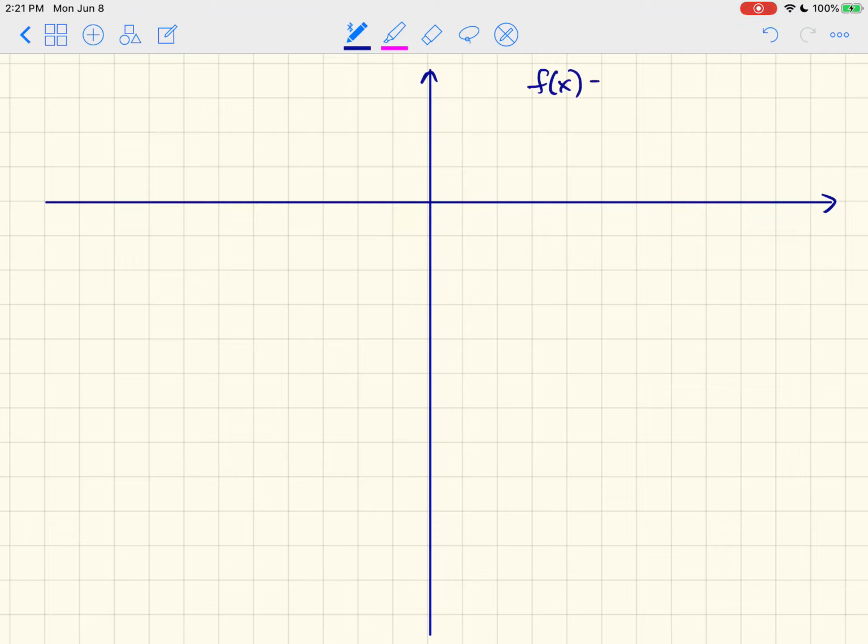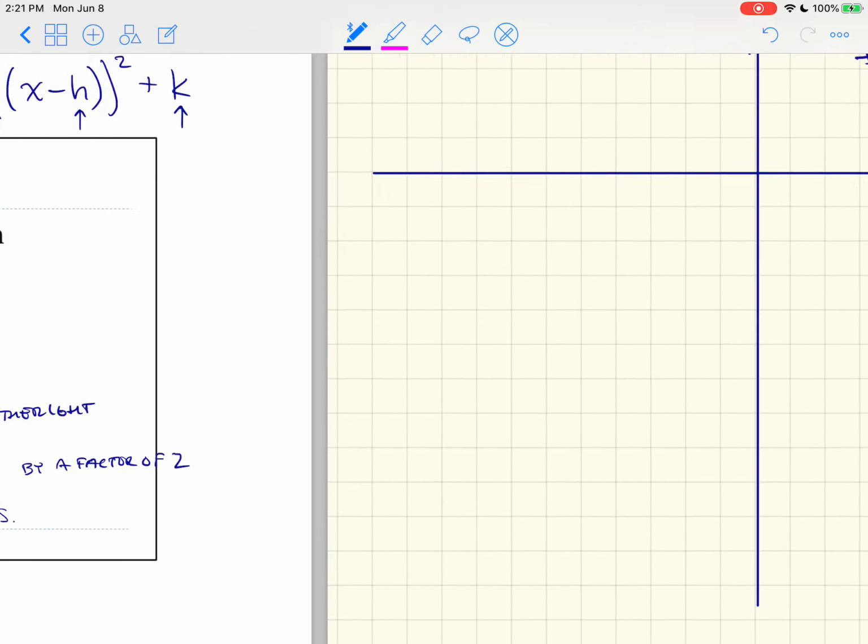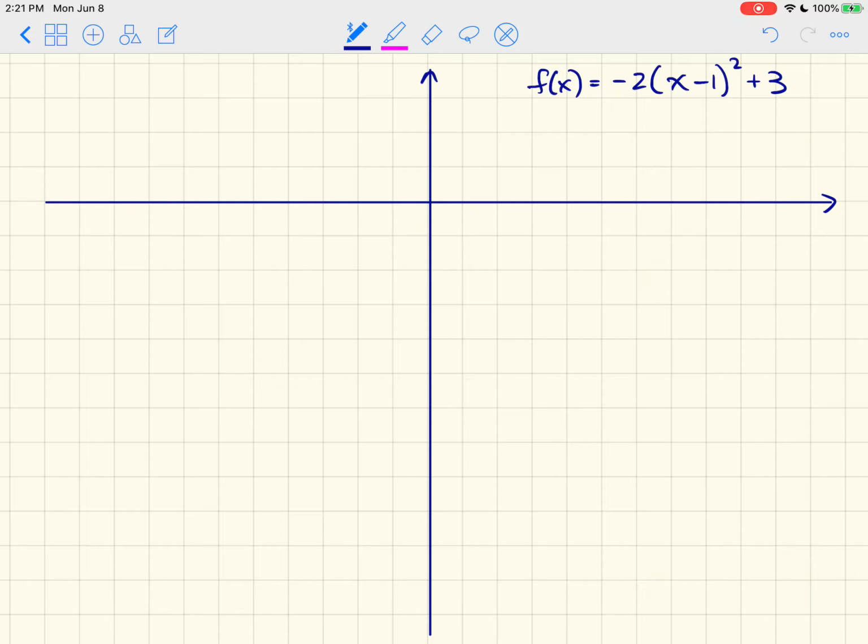So f of x is negative 2 times x minus 1 squared plus 3. Did I get that right? It is, okay. So this is my x direction, my y direction, my scale is 1 in both directions.